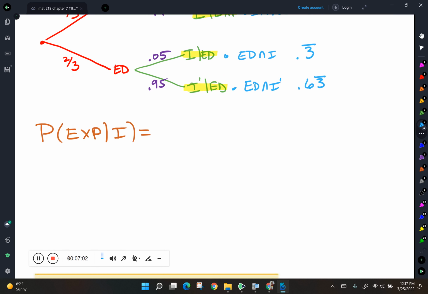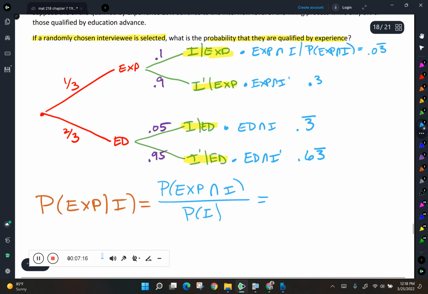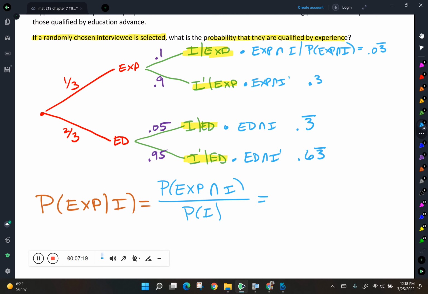So I'm supposed to do the conditional probability form, which would be the probability of experience intersection interview divided by the probability of interview. Well, experience intersection interview, that's this one up here. So I know that my numerator is going to be 0.03 repeating. And then my denominator is the probability of interview.